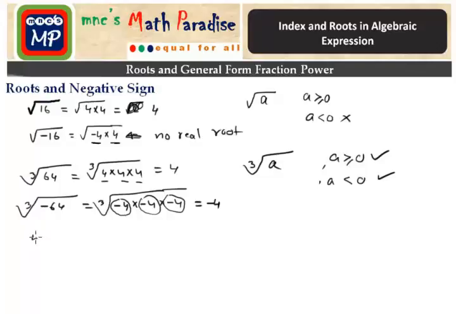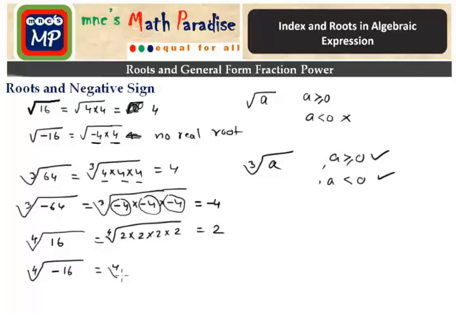Let us see fourth root. Fourth root of say plus 16, we can write it like fourth root of 2 times 2 times 2 times 2, because 2 times 2 is 4, 4 times 2 is 8, 8 times 2 is 16. So we can write 2. But if we write fourth root of minus 16, we can write minus 2 times minus 2 times minus 2, but another 2 will not have a minus, because minus times minus is plus, plus times minus is minus.